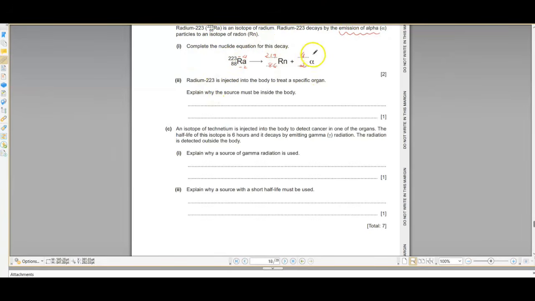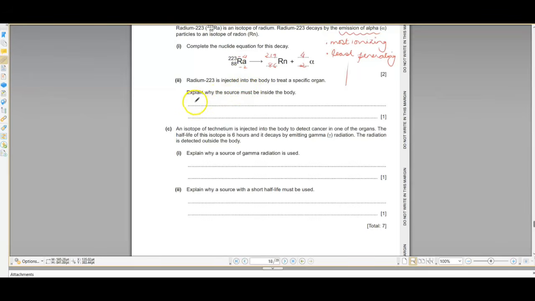Whenever an alpha particle is involved, we know alpha particles are most ionizing and least penetrating. So it has to be inside the body, otherwise it can be stopped even by a single sheet of paper. The skin will act as a barrier, and outside the body it won't be able to act on an organ that is way inside the body.